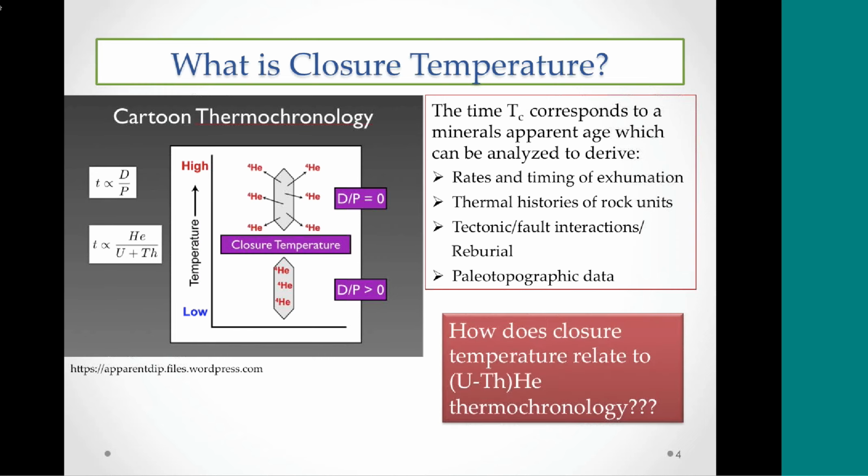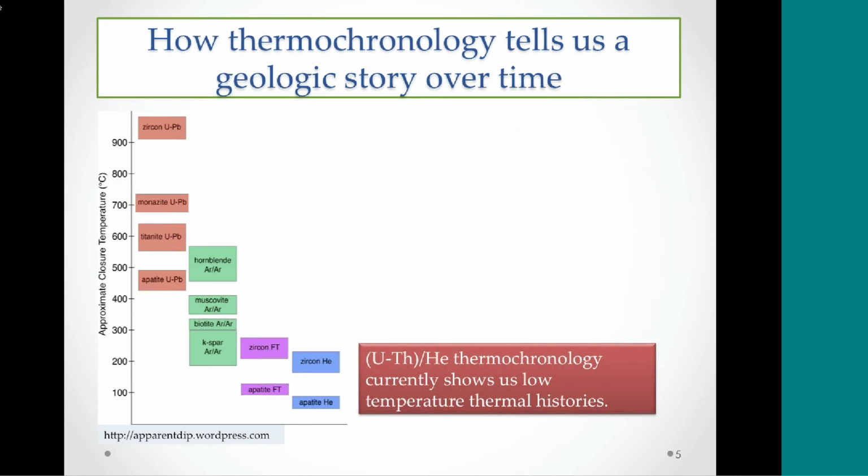So how does uranium-thorium-helium thermochronology relate to closure temperature? Thermochronology tells us a geologic story over time. On the left here, you see a graphical representation of geo- and thermochronometers. You have uranium-lead, argon, fission track dating, and helium dating.